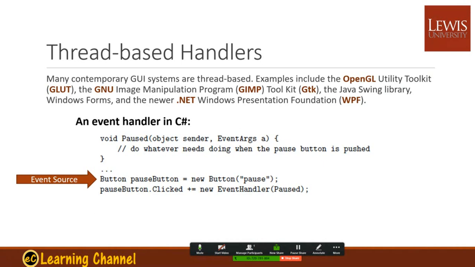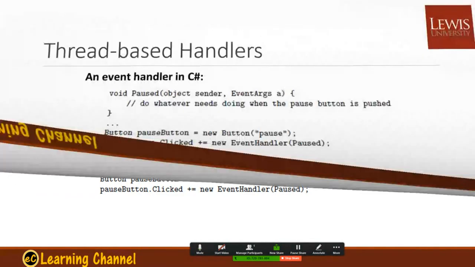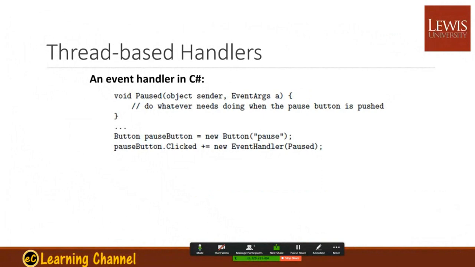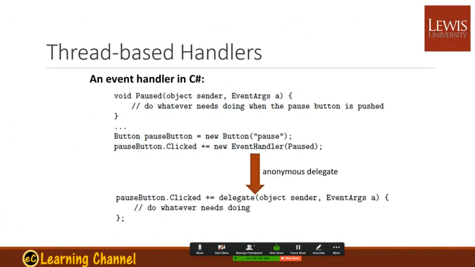So the button is the event source, and there is a connection or setup for the event handler, and then the event handler is written over here. So thread-based handler and event handler in C#, and you may also allow an anonymous delegate.